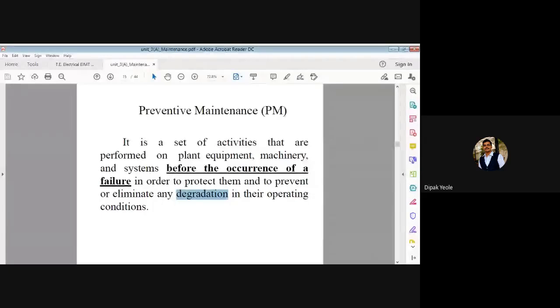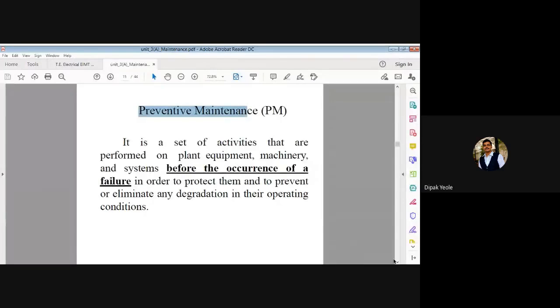People think that rubber is an insulator, but if that insulator loses its property, it can become a conductor, and if one touches that rubber, he will get a shock. That is called degradation, and we are not expecting that degradation in electrical engineering. So this is called preventive maintenance, before the occurrence of failure. You have to remember that.